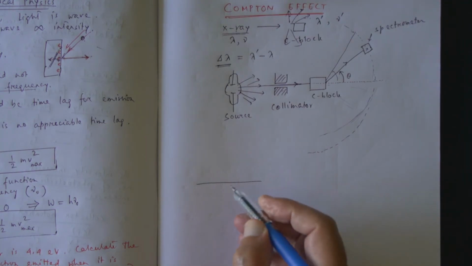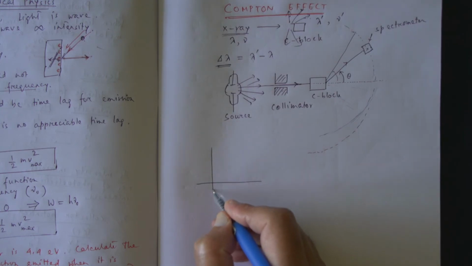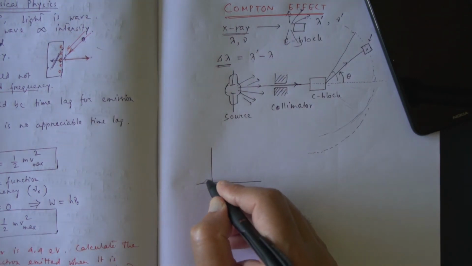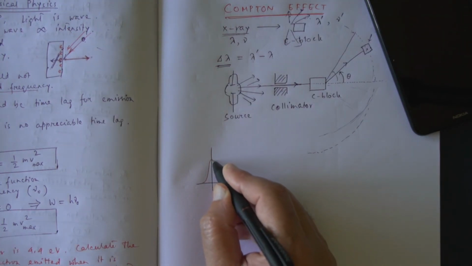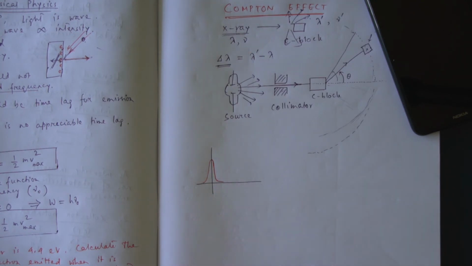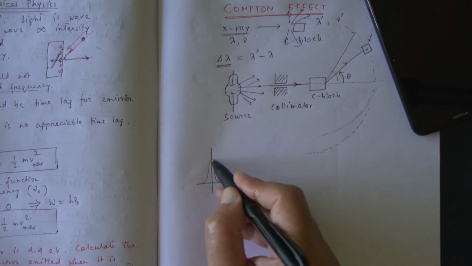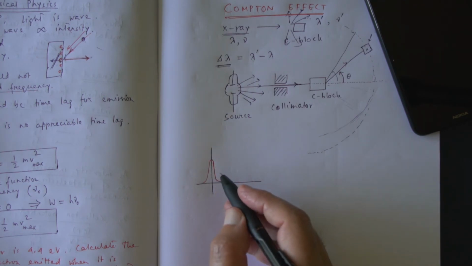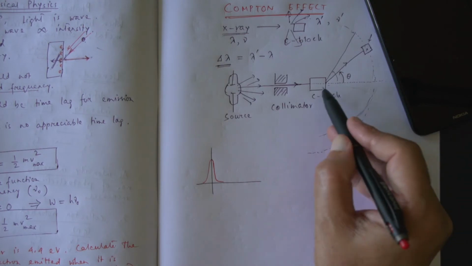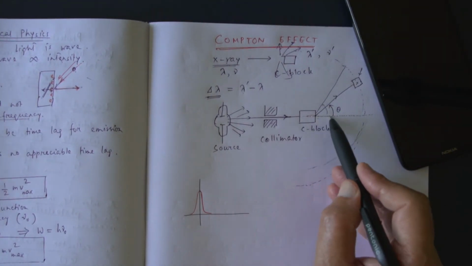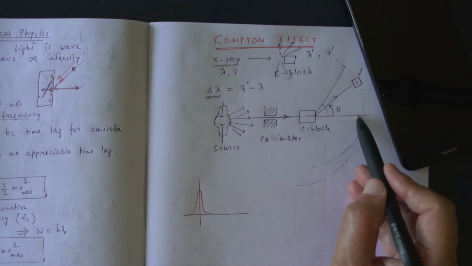Suppose this is the wavelength of the incident radiation. Now when theta is 0, we are observing the scattered radiation along this line.